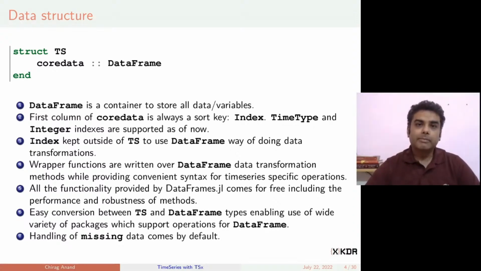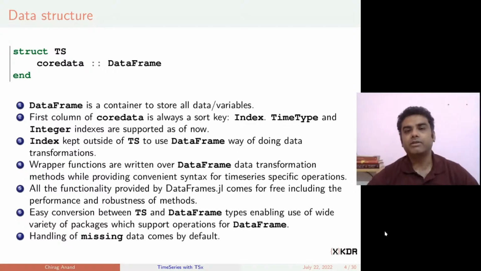Then, because a lot of functionality is already built and the community is already maintaining it, it will be easier to maintain TSX. Most of the methods written in TSX are just a few lines of code, just because DataFrames already provides that functionality.